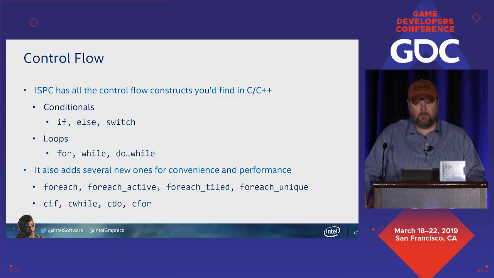You're essentially giving the compiler a hint that you believe all of them will be coherent. So if you do an if test on a varying, you'll be doing essentially a masked if, and you're telling the compiler that in most cases when you do this if, they're all going to result in the same output.